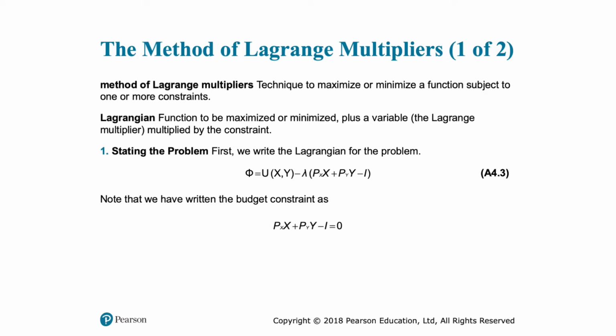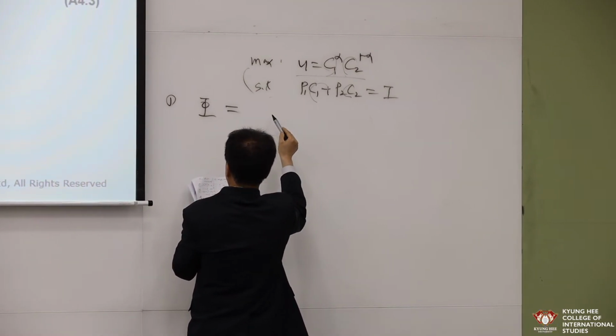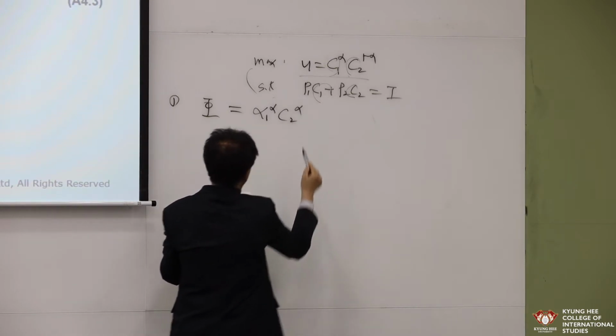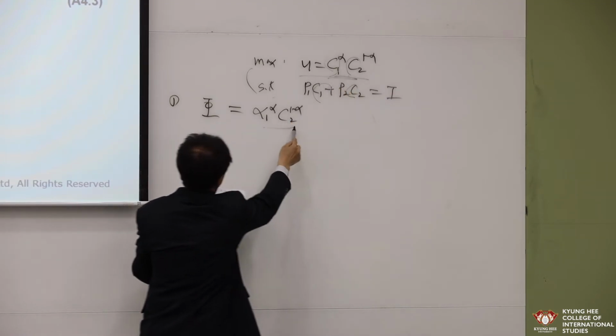So how to solve this one mathematically, that is a very important thing. To solve this maximization problem with a constraint, we use the Lagrangian function, the Lagrangian multiplier methodology. First, we construct the Lagrangian function. For example, pi is equal to C1 to the alpha times C2 to the 1 minus alpha, like this, right?